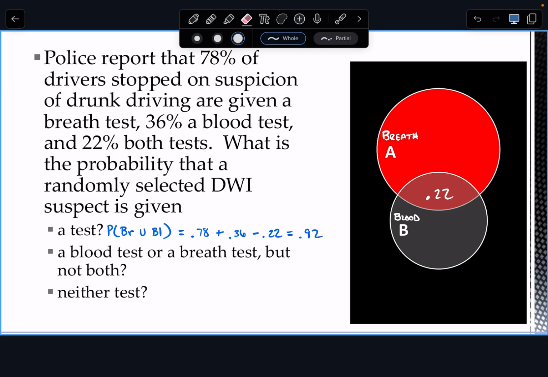That leaves me with 56% of people who did get a breath test but nothing else. Likewise, in the other region, if I want the percent of people who got a blood test but nothing else, there were 36% of people that got a blood test. We need to take out the 22 that already got a breath test as well. So there's 14% left over there.